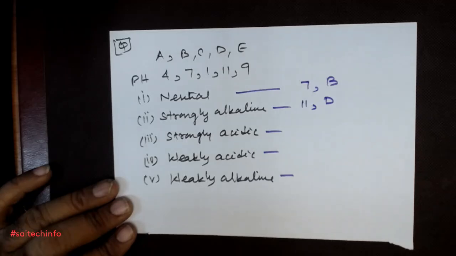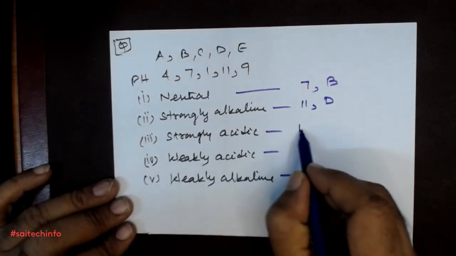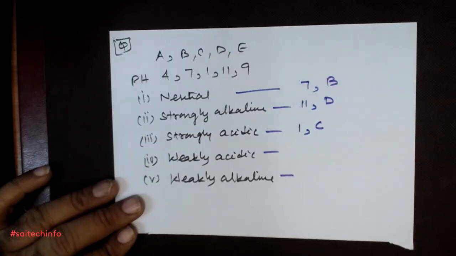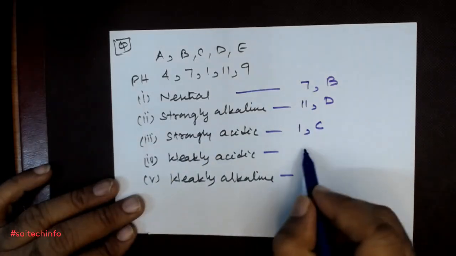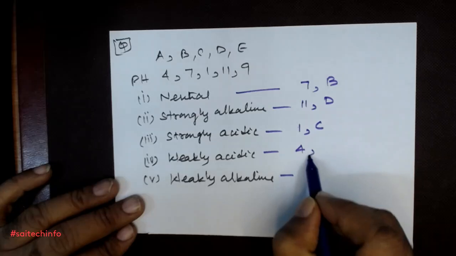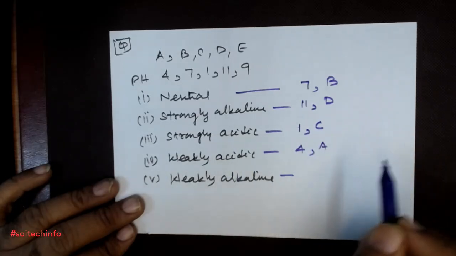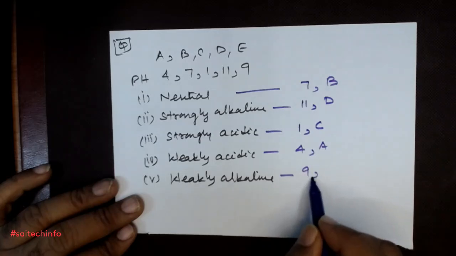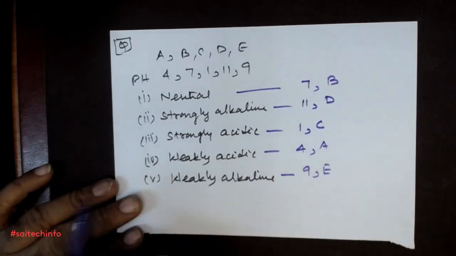Strongly acidic: the lowest pH 1, that is C. Weakly acidic, that is 4, that is A. Weakly basic 9, that is E. That's all.